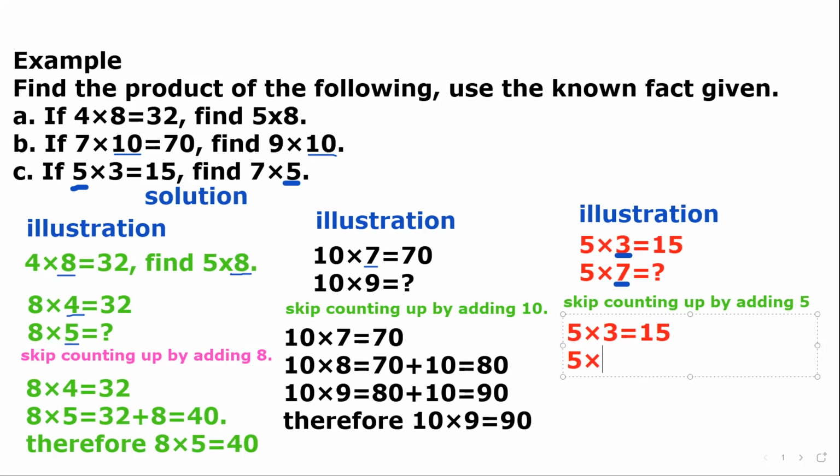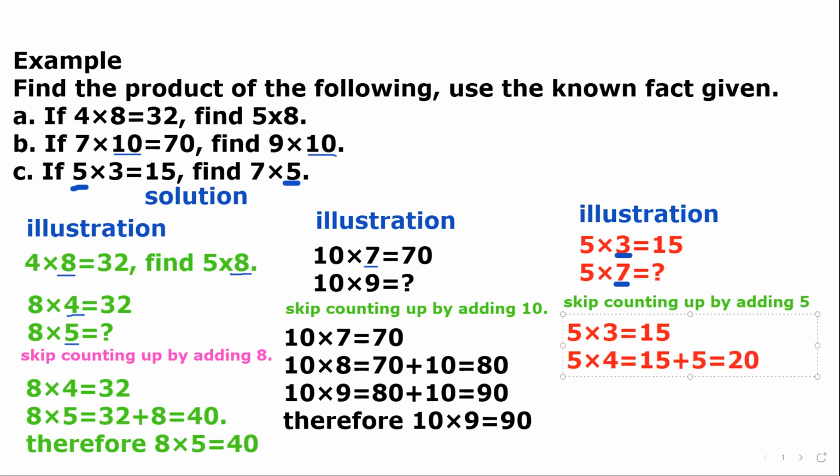So here, you pass through the 4, the 5, the 6 before finally reaching 7. So you skip counting up by 1. And that answer will be, per what you stated above, you'll be skip counting up by adding 5. So the known fact here is 15 plus 5. That gives us 15 plus 5 is what?